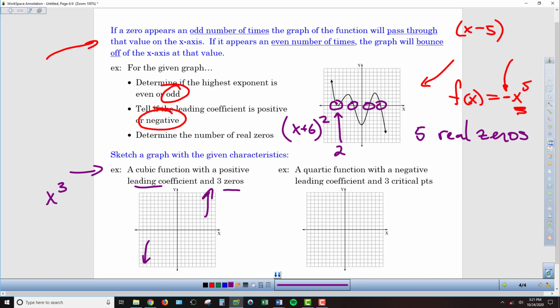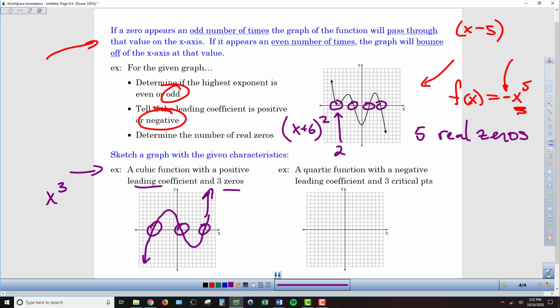So if it's an odd highest exponent, it's got to be disco. And then we just want to cross through the x-axis 3 separate times, so we can just do something like this. So we're just looking for something that satisfies those parameters. So we've got 1, 2, 3 zeros. We're cubic, so we have to be disco, and a positive leading coefficient, up on the right, down on the left.